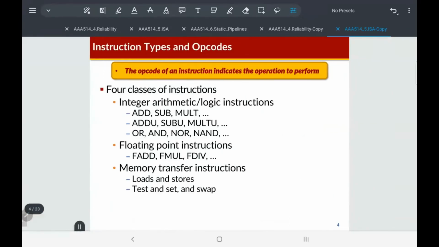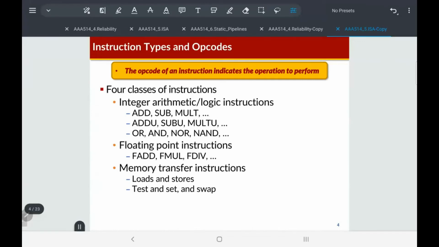We can categorize the instructions into different classes. Actually, this is some review of the undergraduate computer architecture course. We can use integer arithmetic or logic instructions like add, subtract, and multiply instructions.